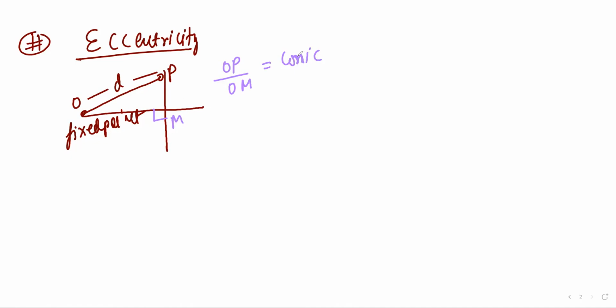This fixed point is called a focus of the conic. Right. So the fixed point is called the focus of the conic and the fixed line is called directrix of the conic. So fixed line is what? So this is the fixed line now. Fixed line is called directrix.